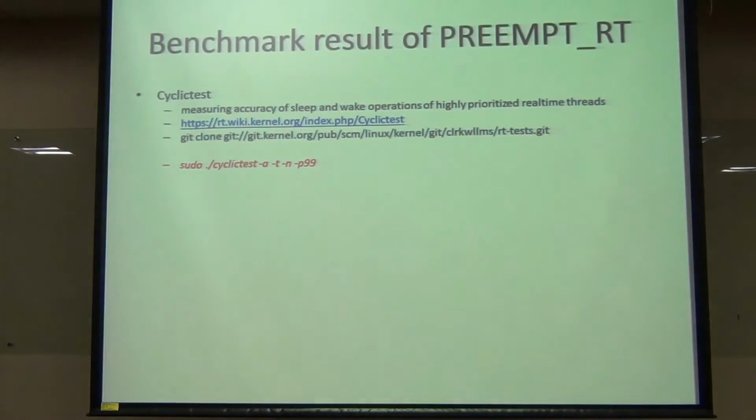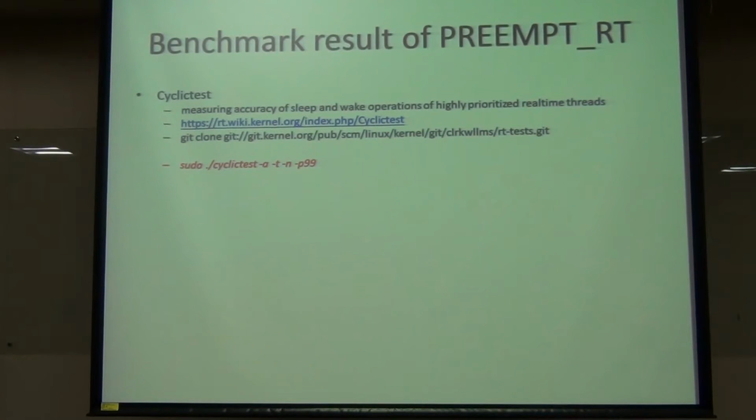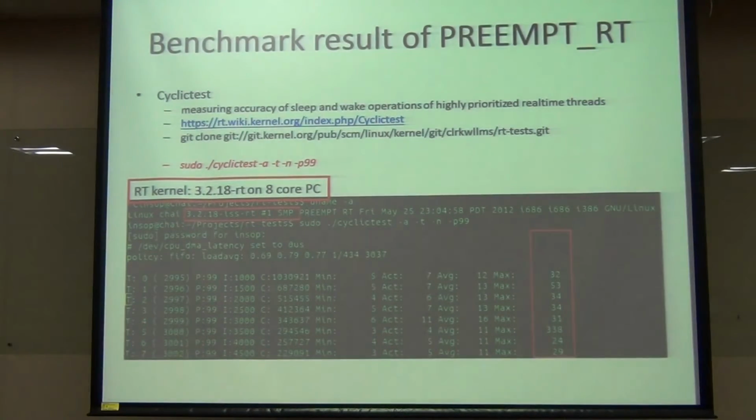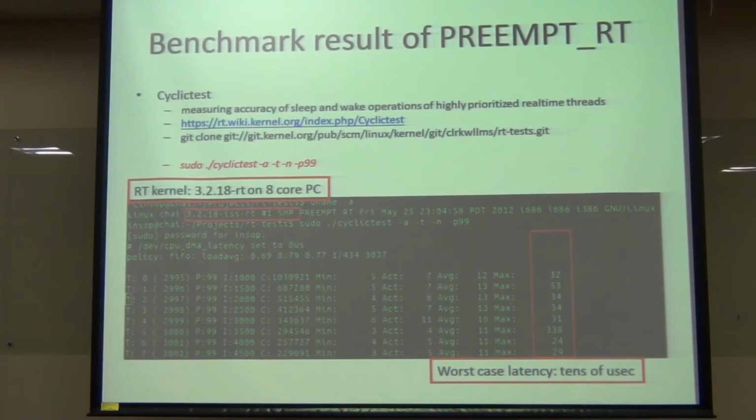And now I'm going to move to the same benchmarking test on the preempt RT patch. Same PC with 8 cores, and I'm running with the 3.18 RT patch applied. So here the maximum worst case latency is tens of microseconds instead of hundreds of microseconds. That's a huge difference in terms of determinism, or controlling your worst case latency.